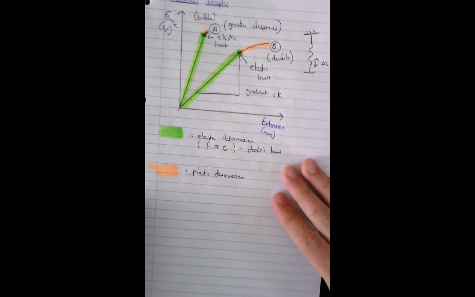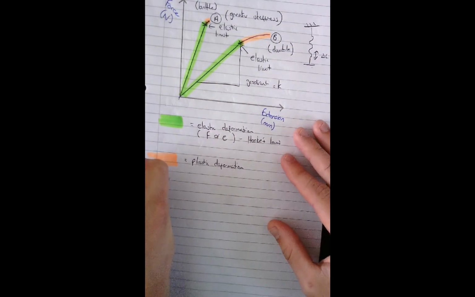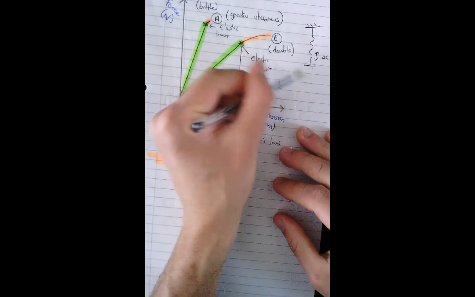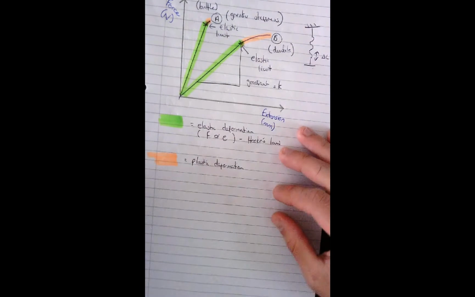If we go back to our energy, work and power section, we know that when we move a force through a distance, we do work. And when we do work, we cause an energy change. So when we extend these springs, what is the energy change going on? Well, we're applying a force through a distance, so we're doing work, and the energy change here is an increase in elastic potential energy.